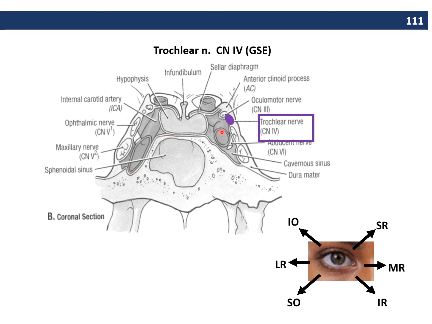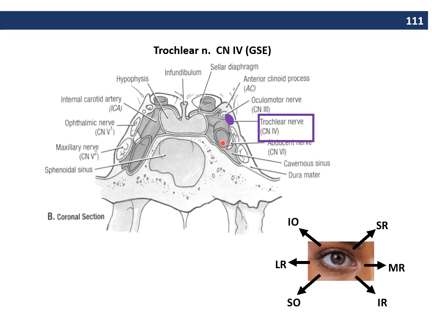Before entering into the superior orbital fissure, the oculomotor nerve, the trochlear nerve, and the abducens nerve all travel through the cavernous sinuses, which were these venous-lined spaces that we talked about when we talked about the dural sinuses.